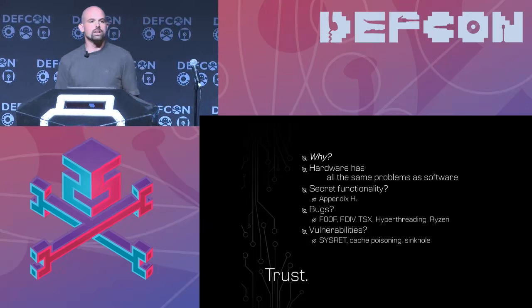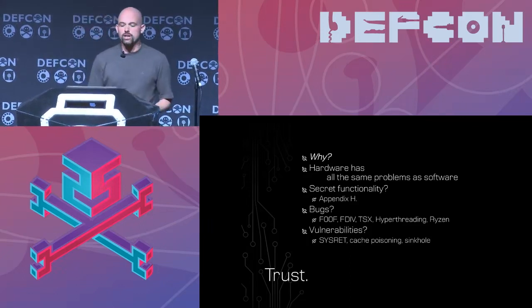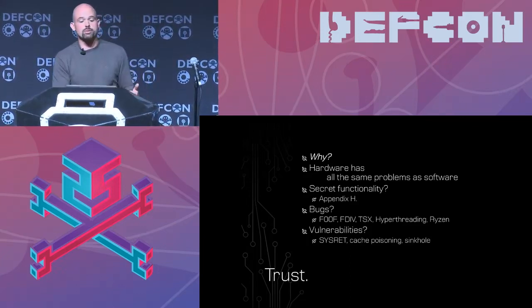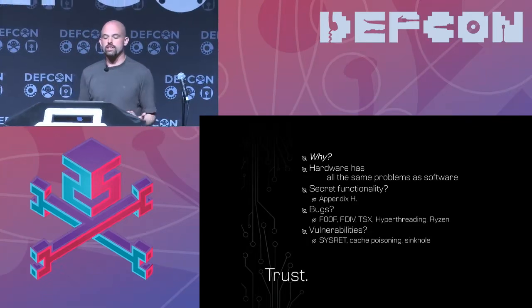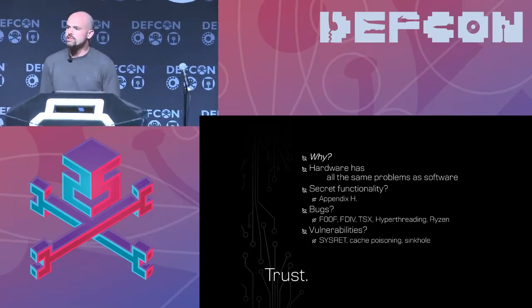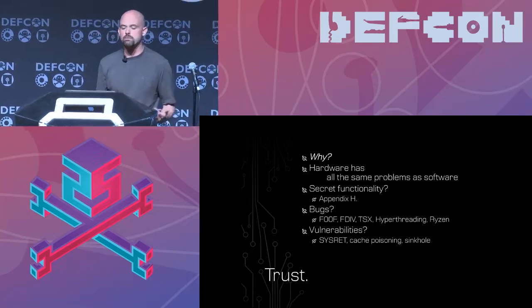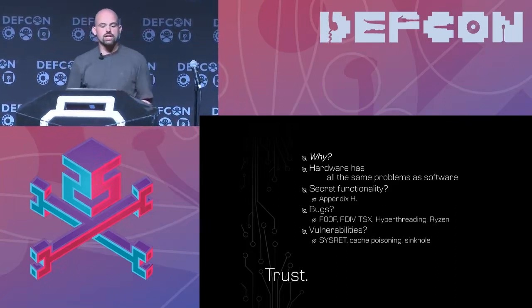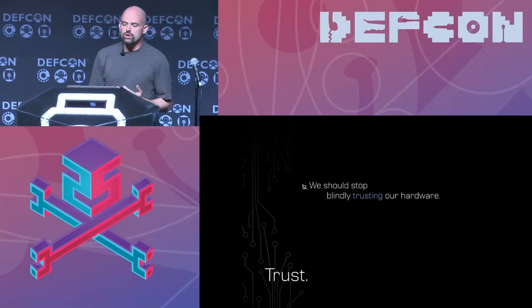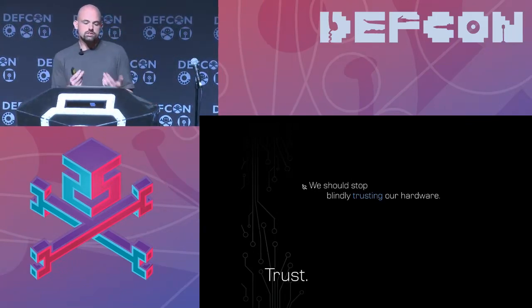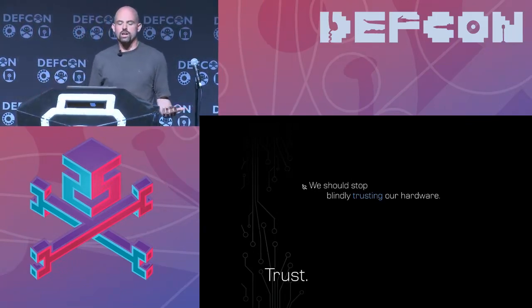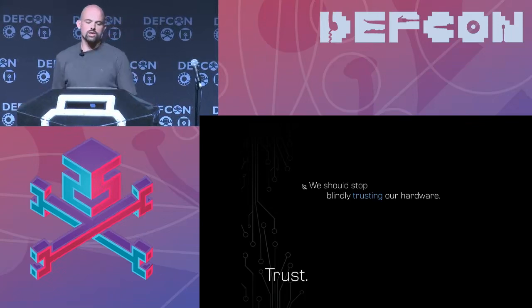Like the sysret vulnerability allowed a user to escalate into kernel-level permissions on almost every major operating system. The cache poisoning and memory sinkhole attacks allowed infiltrating x86's protected system management mode. So vulnerabilities exist in processors too. So the point here is we should stop blindly trusting our hardware. If we don't trust software, we shouldn't trust hardware either.